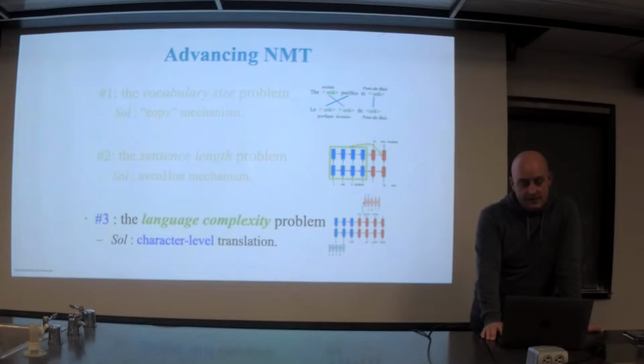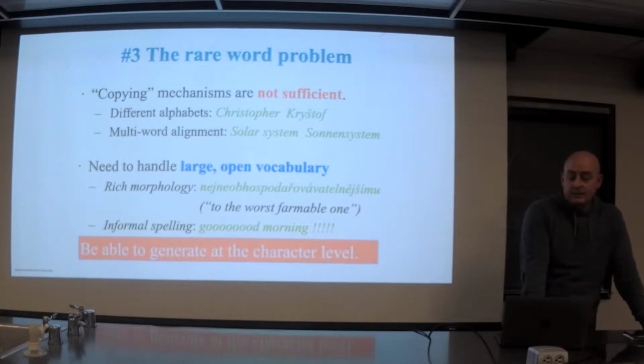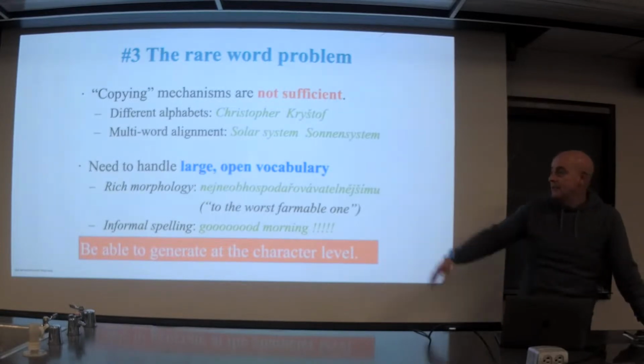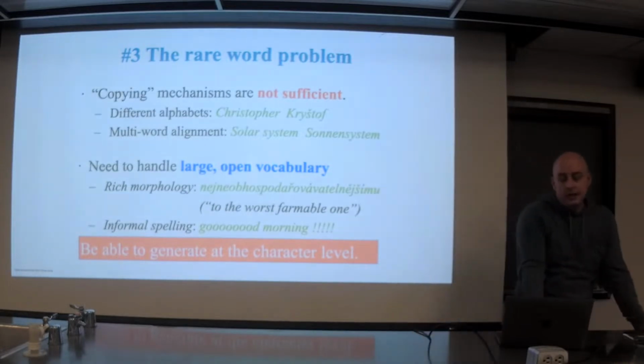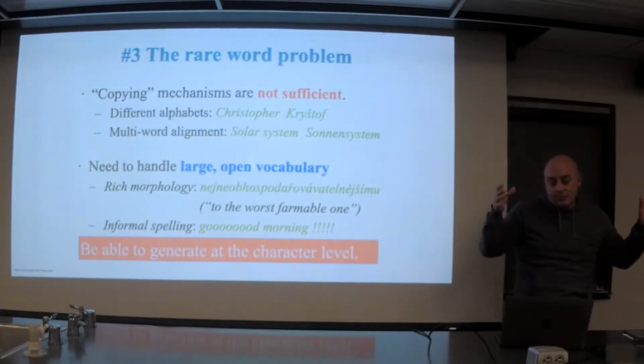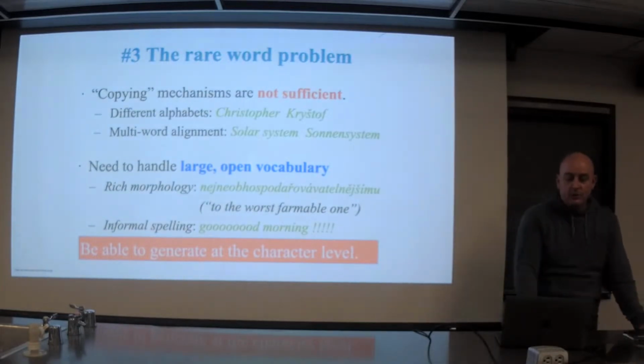Okay, the final thing here is just language complexity. Things can get really complex at the word level. Things about very different alphabets can be really complex. There are things about languages that allow you to put a whole bunch of words together and not become a new word in the vocabulary, so something like an open vocabulary or informal spellings or things like that.